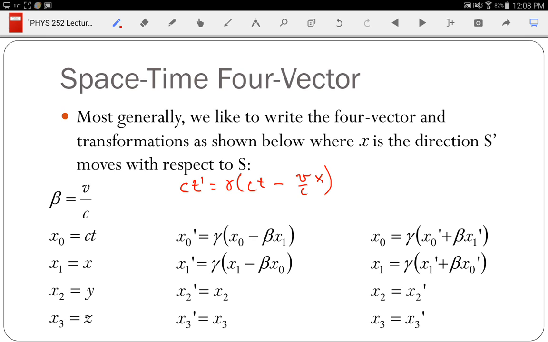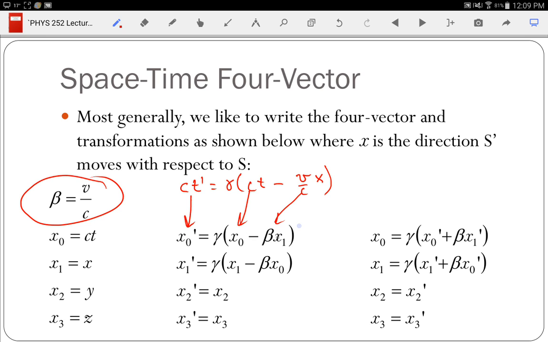That's what we had on the preceding page when I made the substitution. We said, well, V over C is clearly beta, right? That's our definition right here that I talked about earlier in the lecture. And so we just replace, and x1 is x, x0 is CT.